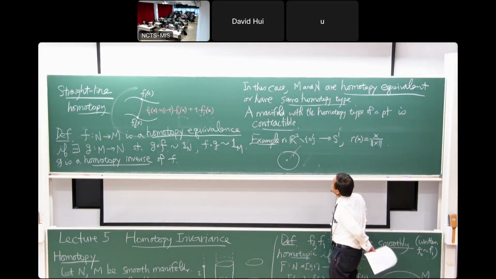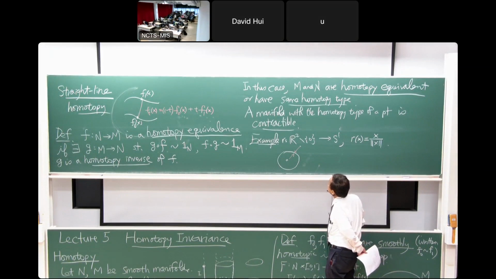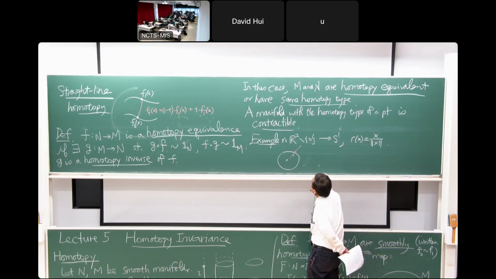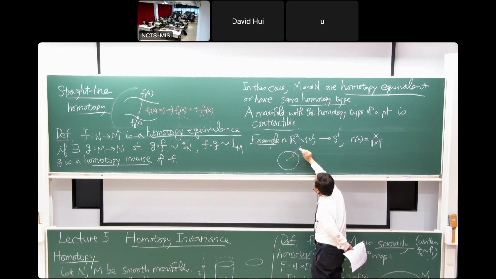But it's more than a retraction, because you can see that there's a homotopy from the identity to this retraction.